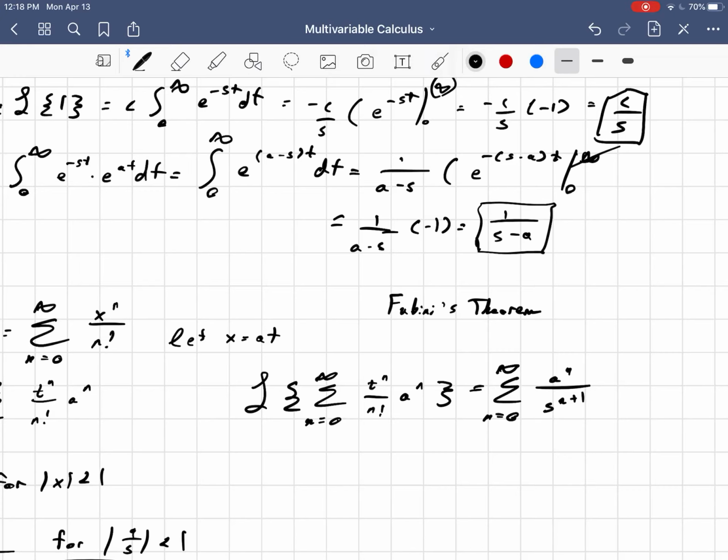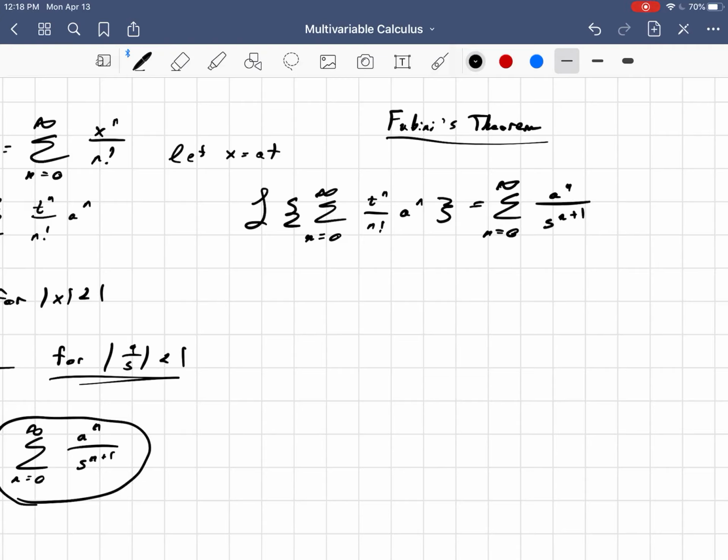It deals with how you can change your integrals around when you're doing multiple integrals, or if you have a summation inside of an integral, you can flip them.